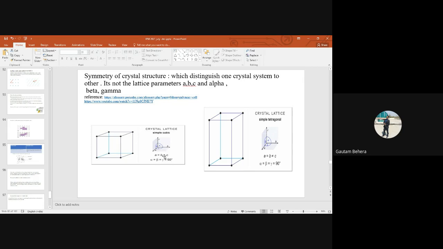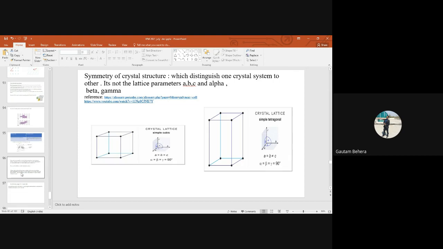A cubic unit cell, yes or no? Very good. And if A is equal to B, not equal to C, and alpha is equal to beta is equal to gamma is equal to 90 degrees, which kind of unit cell will form? Tetragonal, right? So if this is known, you can generate a unit cell.